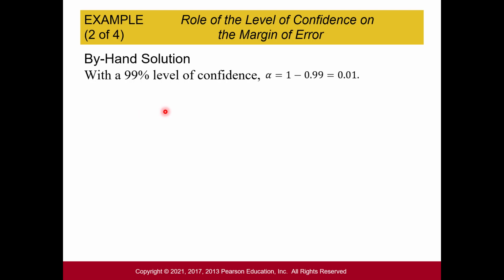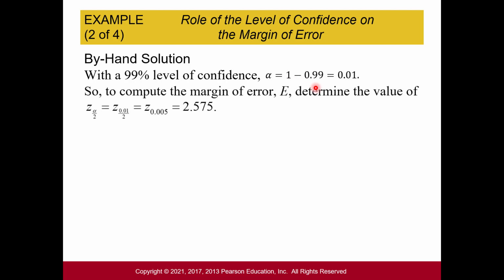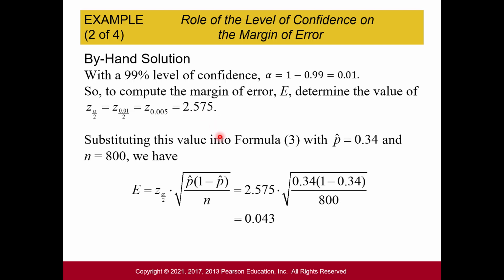Okay, so with the 99% level of confidence, alpha is going to be 0.01. That's just 1 minus 0.99. And then to compute our margin of error, let's first determine the value of z sub alpha over 2. So that's going to be z sub 0.005. From your table, you figure out that that's going to be 2.575. Now we're going to substitute our values into our formula.